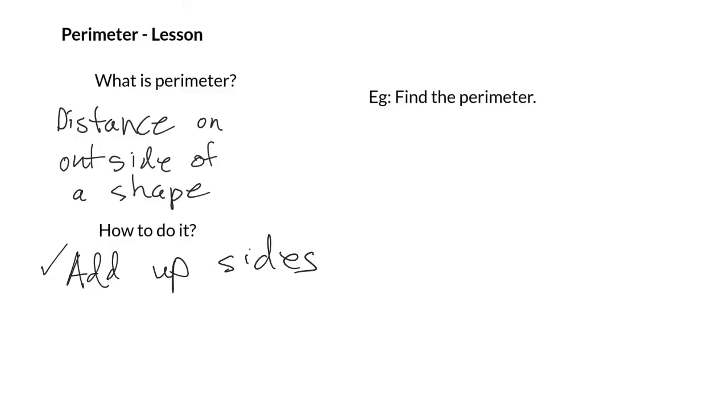So for example, let's say I have this shape with sides 1, 2, 3, then this is 4, and then this is 1, and this is 2.